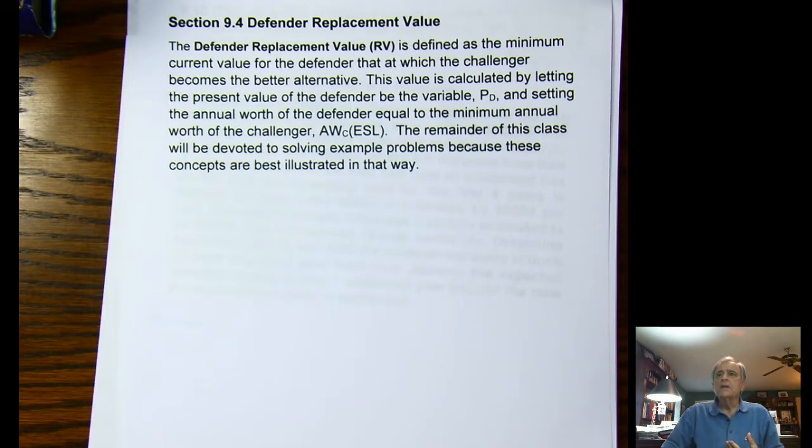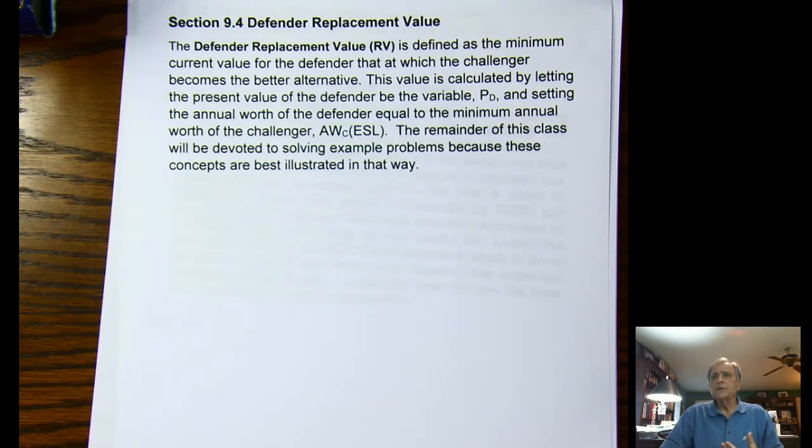So if the defender costs more than this amount, then the challenger is going to overtake it and be the better choice. So we call that value RV, the defender replacement value.